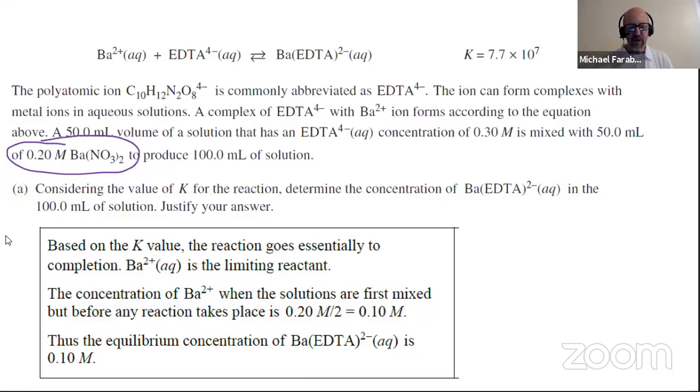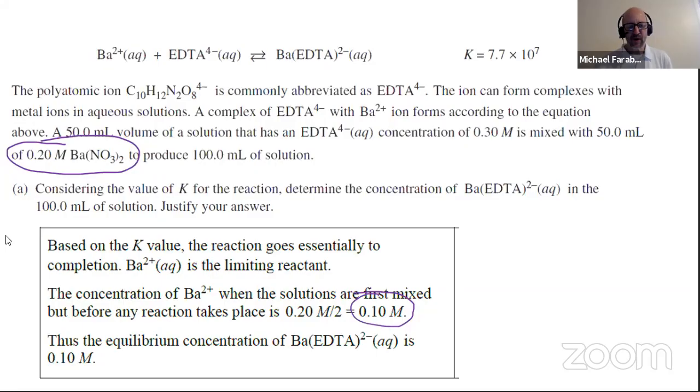So 0.2 becomes 0.1. And so effectively, if the concentration of barium ions in solution is 0.1, then the concentration of the product, the barium EDTA complex ion, is also 0.1. So that was a much easier way to solve that question. But again, many students ignored the large magnitude of K and tried to use a rice table. Whether they were successful or not, that was kind of a waste of time.